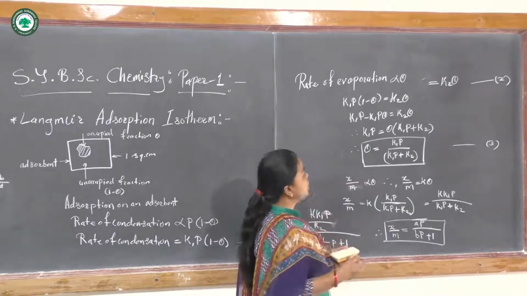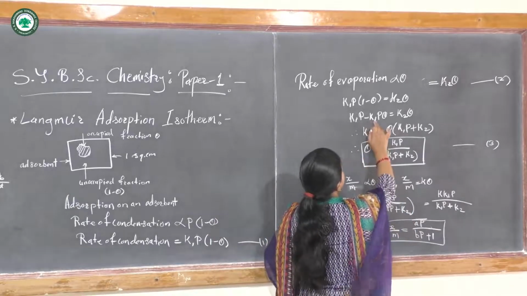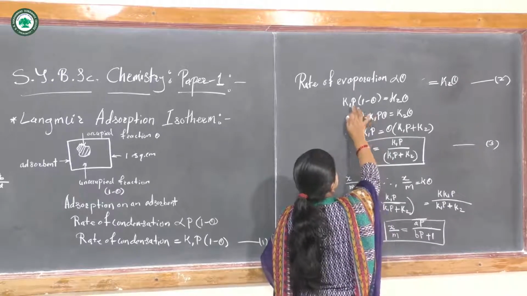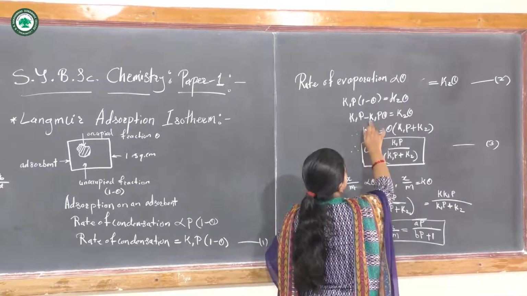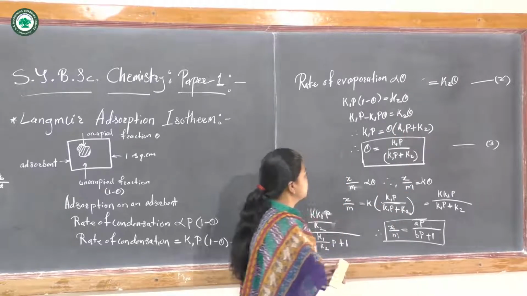Now we can rearrange this equation. Multiplying 1 minus theta by K1P, we get K1P minus K1P theta equals K2 theta, which remains as it is.